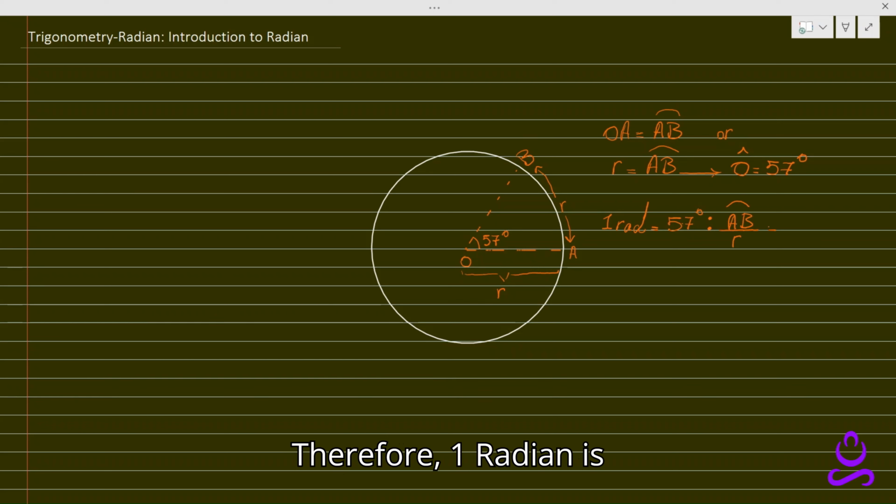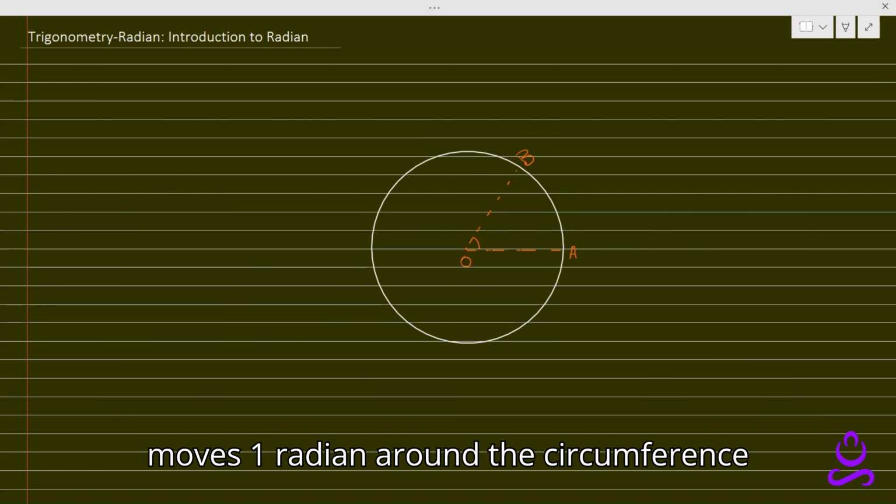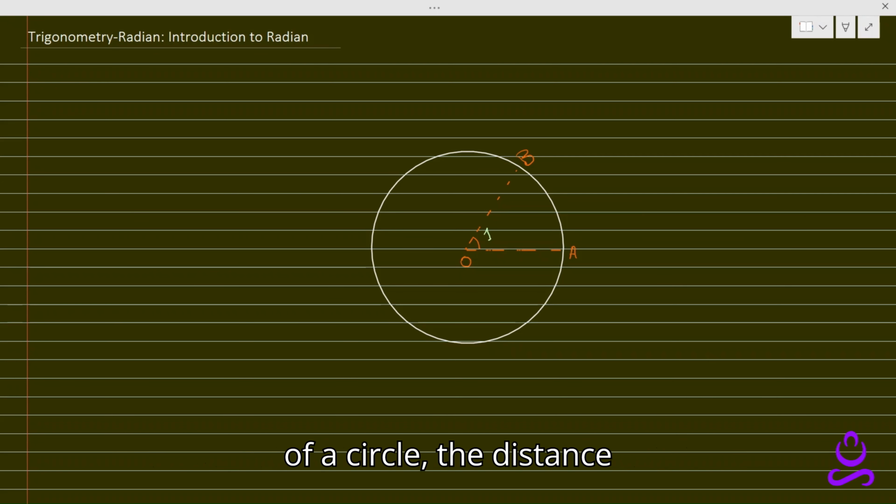Therefore, 1 radian is always approximately equal to 57 degrees. Based on this definition, you now understand that if an object moves 1 radian around the circumference of a circle, the distance traveled is equal to the radius of the circle.